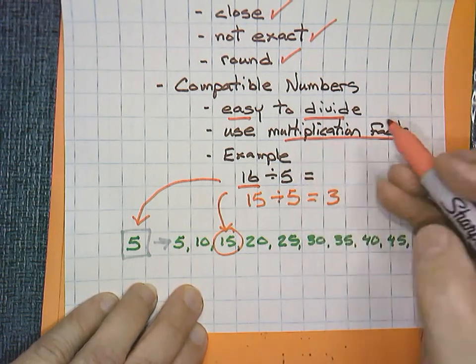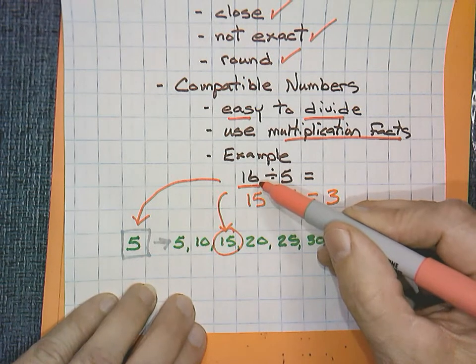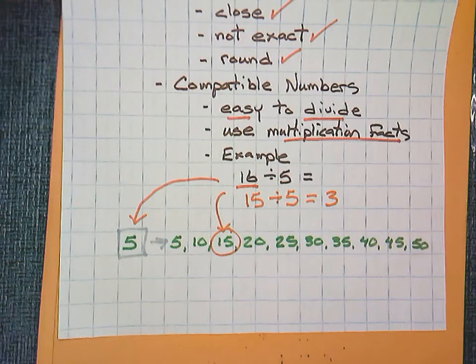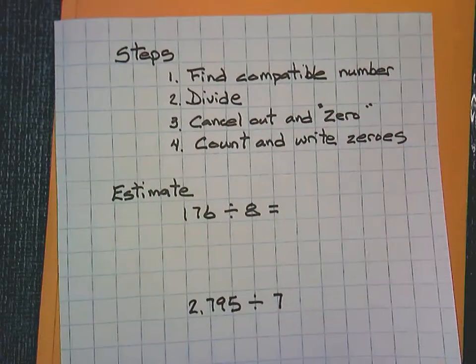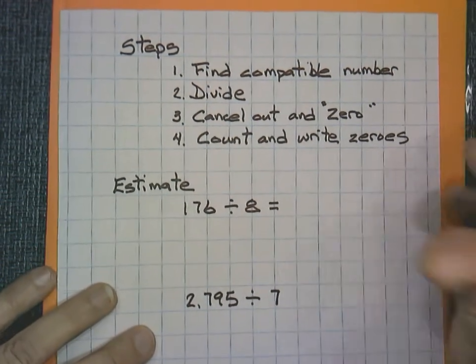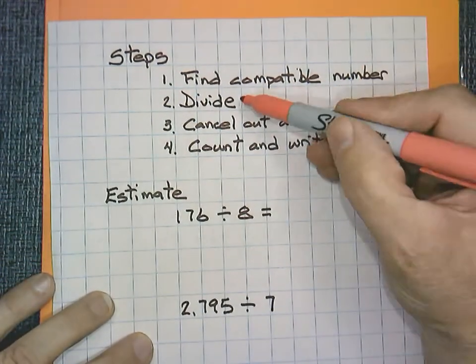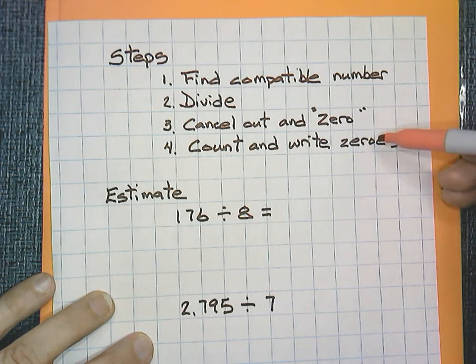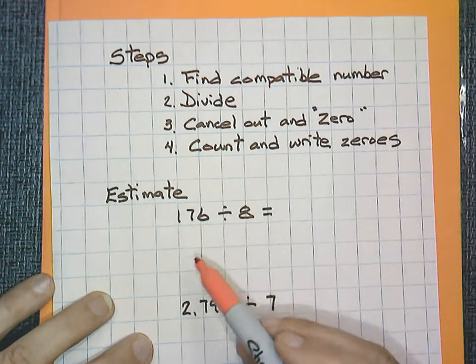Then in this case, I would not have to cancel anything out because that is a 2-digit dividend. Our steps would be to find our compatible number, divide, cancel out into 0, and count and write the zeros.